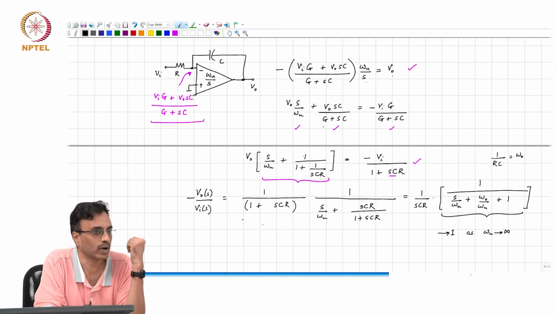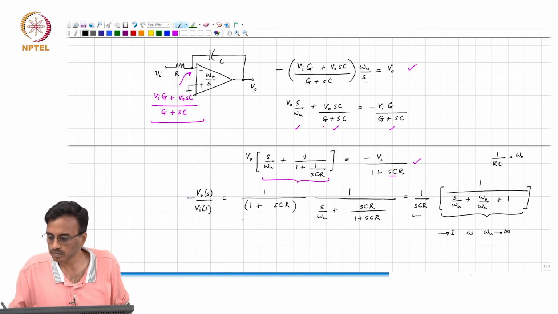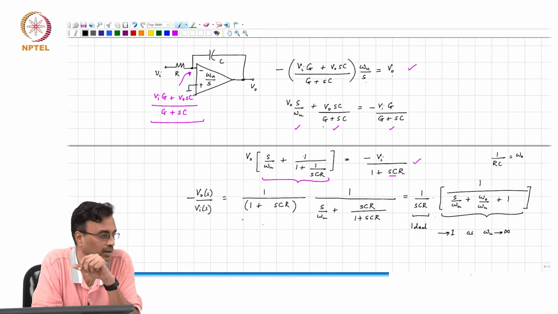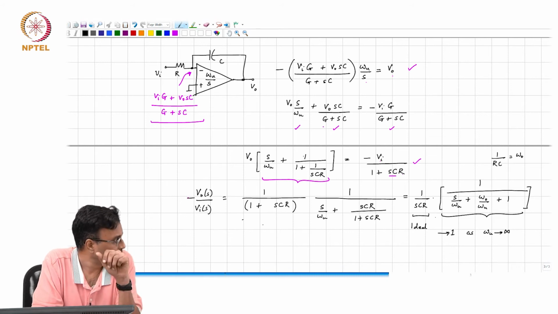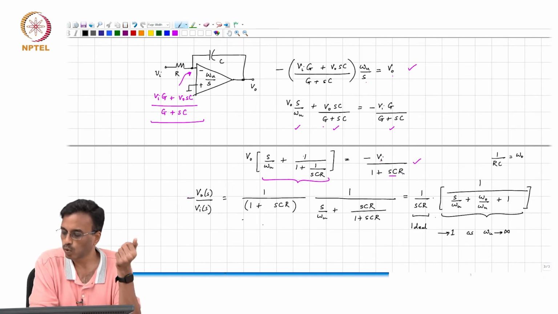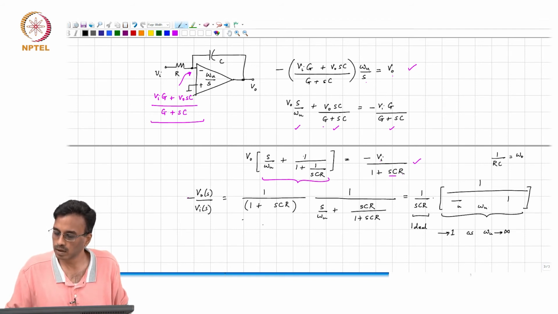What would we expect to get for the transfer function? Minus 1 by SCR, right. So this is the ideal transfer function, and the rest of it is simply a factor which causes a deviation from the ideal transfer function. Therefore, as omega u tends to infinity, that factor should go to 1. So what is that factor now?